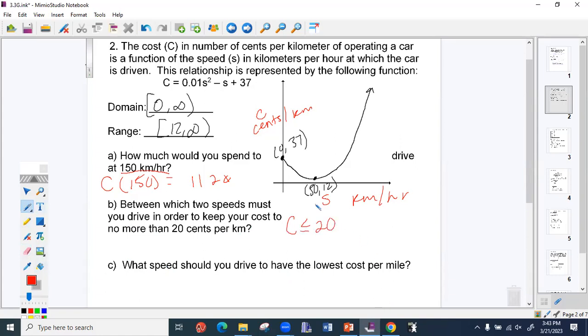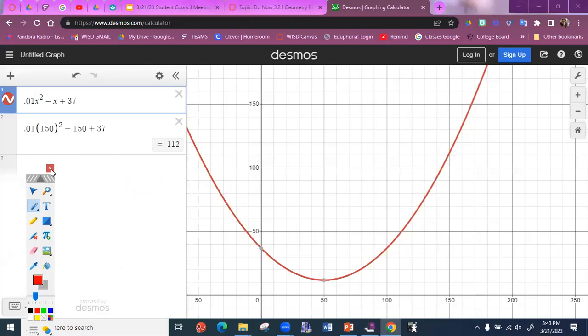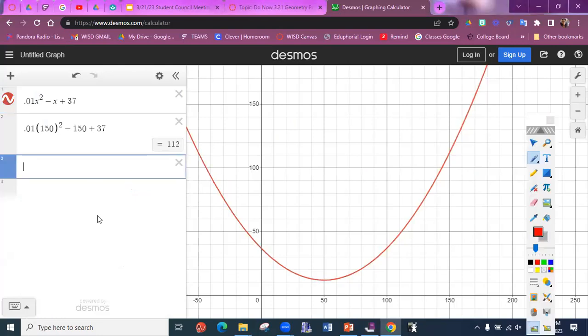How we're going to do it in the calculator is, on our y-axis, we want to know when we're at 20. We're looking for this value and that value. Does that make sense? All right, so how it works on the calculator is we're literally going to say we want to know when y equals this. So we're going to type y equals 20.